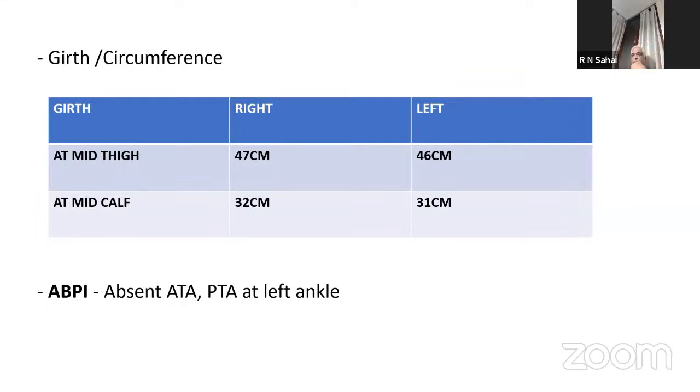Now, what does Doppler tell you? Doppler will tell us about the flow in the vessel, first of all whether there is any flow or not in that vessel. Very good.